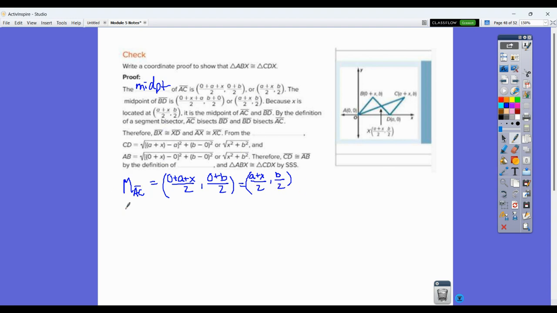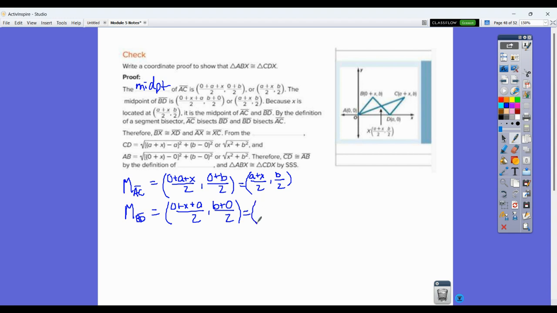Then they also found the midpoint of BD, and they did it the same way. So we do 0 plus x, the x value of B, plus a, the x value of D, divided by 2, comma, and then the y values, b plus 0, divided by 2.